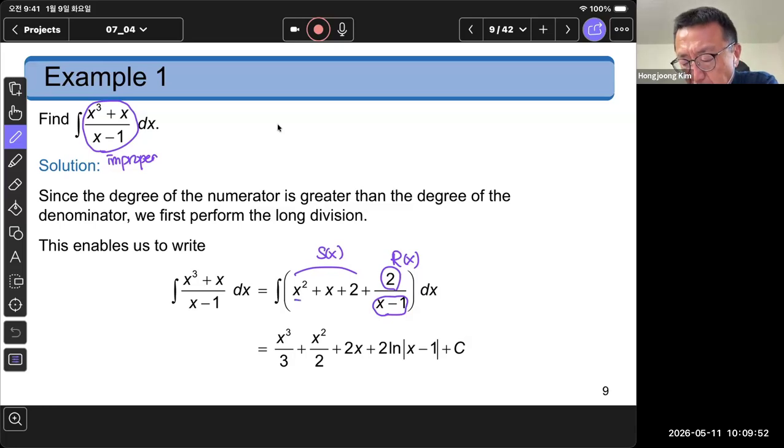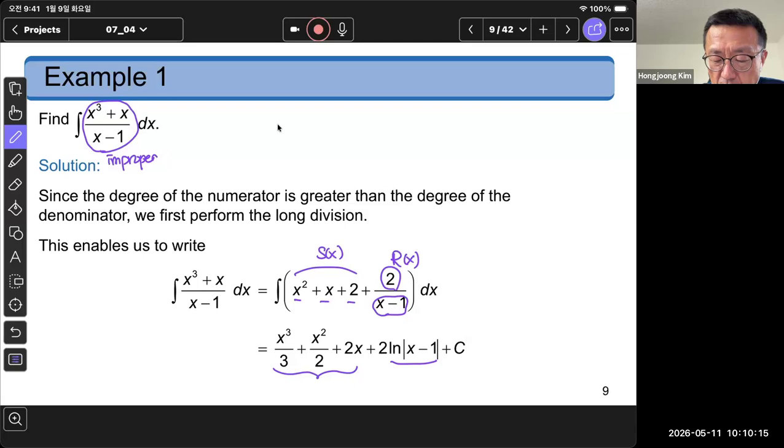Now, x squared or x or 2 can be easily integrated. And the integral of 2 over x minus 1 is just 2 times the natural log of x minus 1. So we can easily integrate this function.